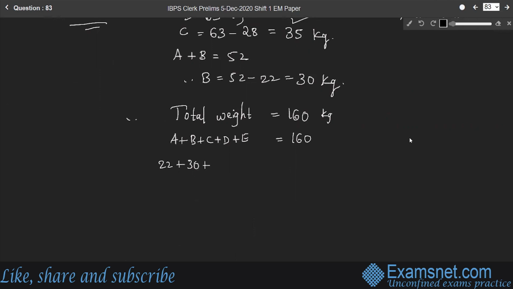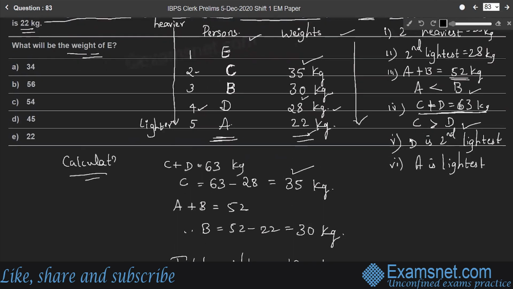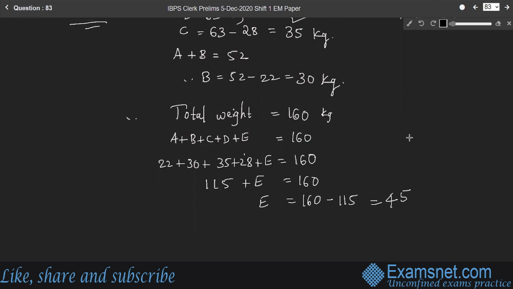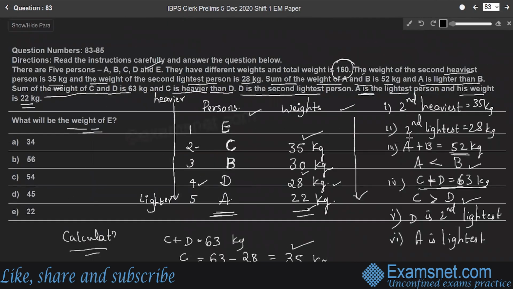Weight of C is how much? 35. D is 28. 35 plus 28 plus weight of E is 160. Right? So 28 plus 22, 50. 50 plus 65, 115 plus E is 160. So E is equal to 160 minus 115, which is 45 kgs.